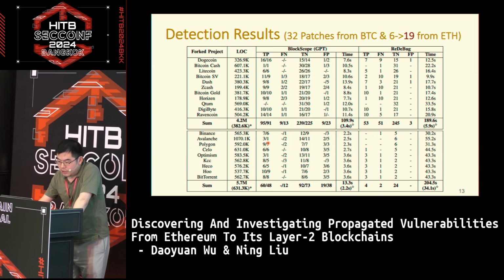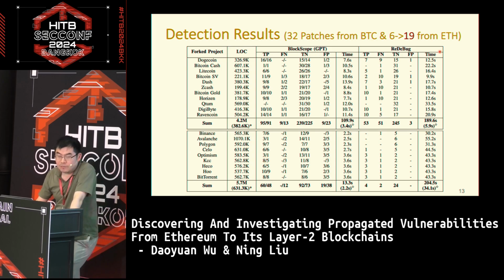For example, Avalanche has only 3 vulnerabilities not patched. And this is the latest result of Optimism. Last time when we tested it, 4 out of 6 had a piece of code being vulnerable.